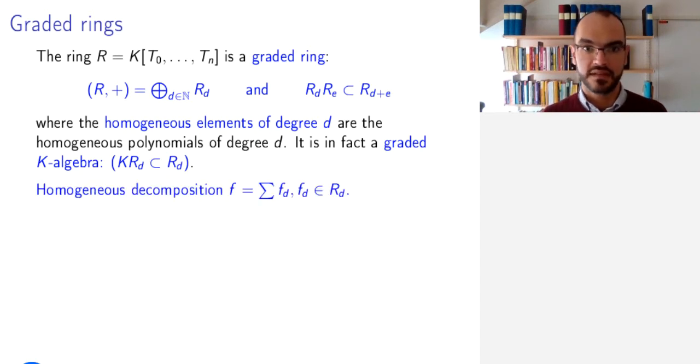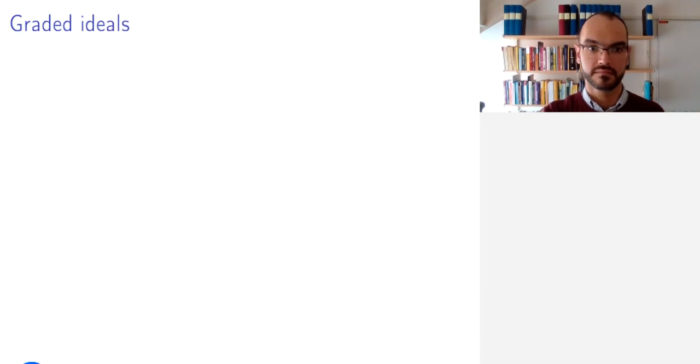And the decomposition of an element of R as a sum of homogeneous elements of degree d, where the sum goes over the natural numbers with all but finitely many equal to 0, is called the homogeneous decomposition of f. So now that we know that our ring of polynomials is graded, we will look at special kinds of ideals that respect this grading.